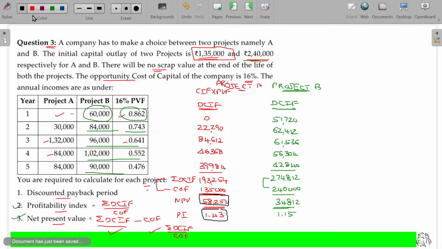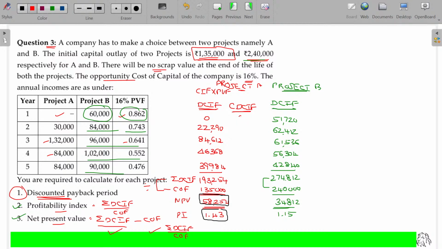Apart from that, we have to find out the discounted payback period. In the case of the discounted payback period, you have to find out the cumulative discounted cash inflow first, and the cumulative cash inflow should be equal to or more than the amount of investment.